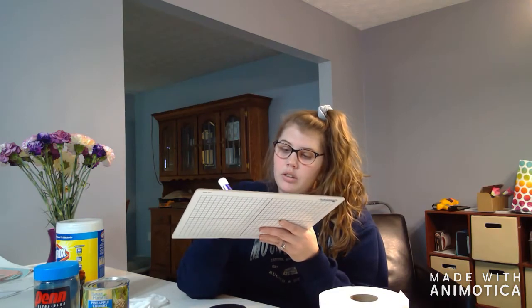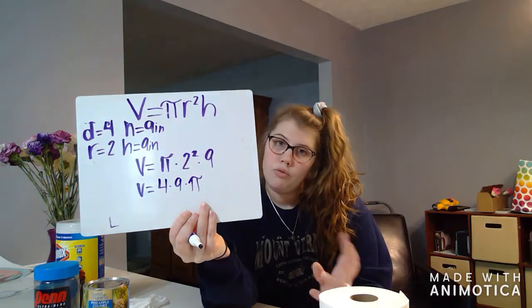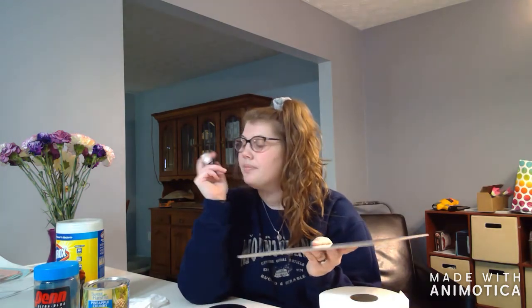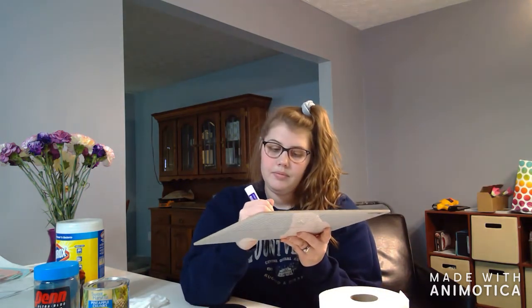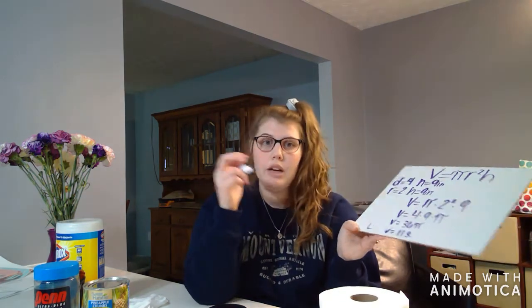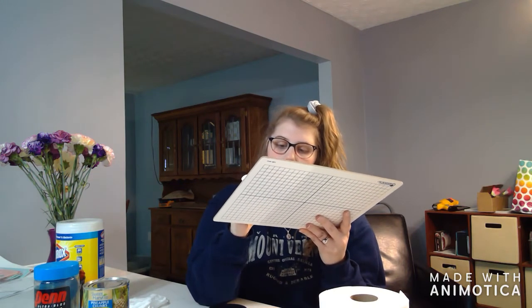So we have 4 times 9 times pi. 4 times 9 is 36. So 36 times pi. Alexa, what is 36 times pi? 36 times pi is 113.0973. So let's go ahead and just round that to 113.1 inches cubed.